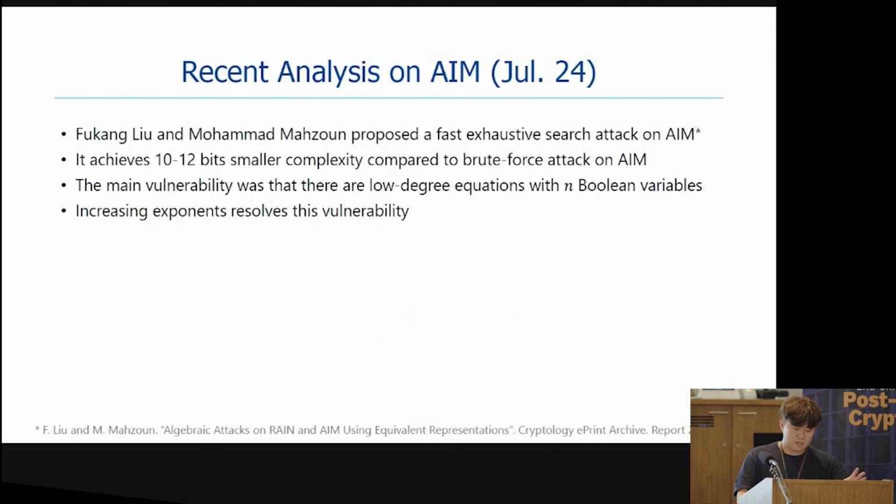We admit that it achieves 10 to 12 bits smaller complexity compared to brute force attack on AIM. We worked on that, and we found that increasing the exponents resolves this problem.